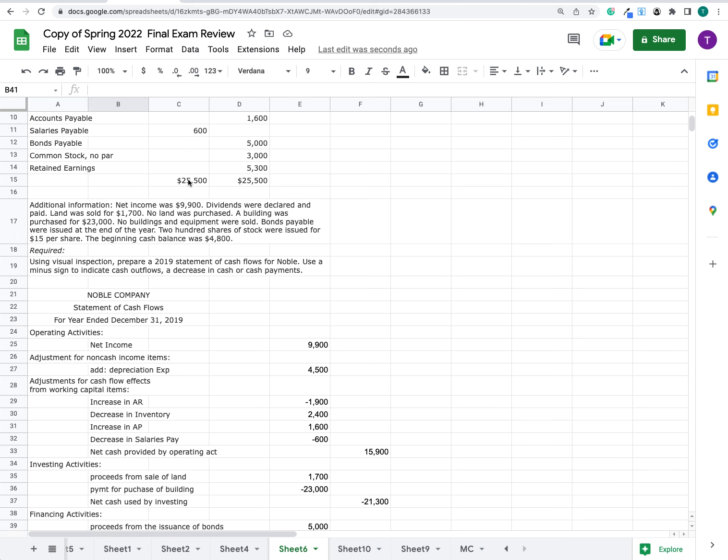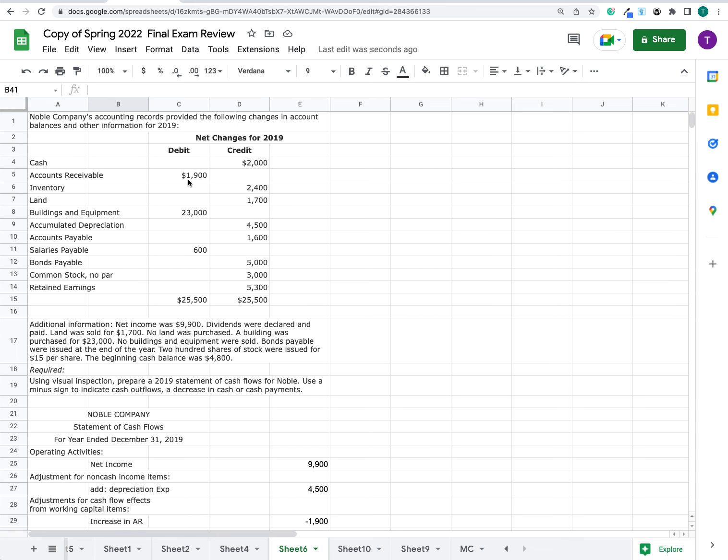And so let's come up here. They don't give it to us directly, and they don't tell us exactly how many stocks are outstanding or anything like preferred stock or anything like that. So we're going to have to kind of work backwards to figure out the dividends.